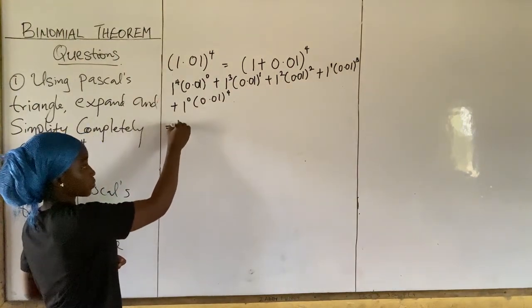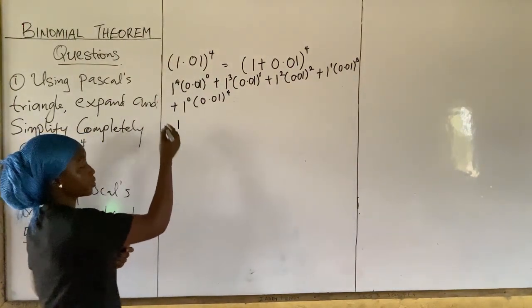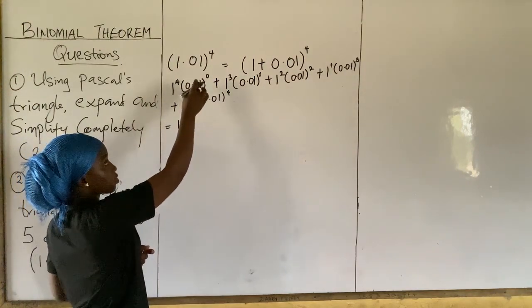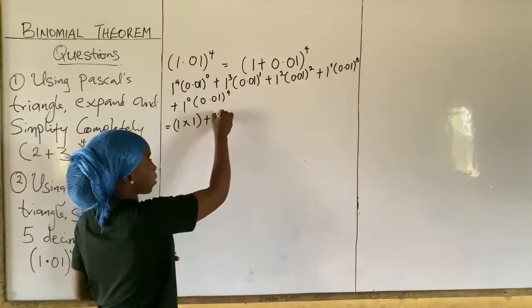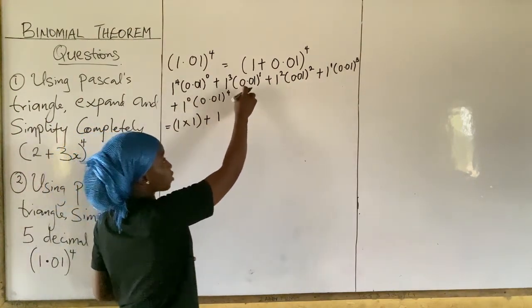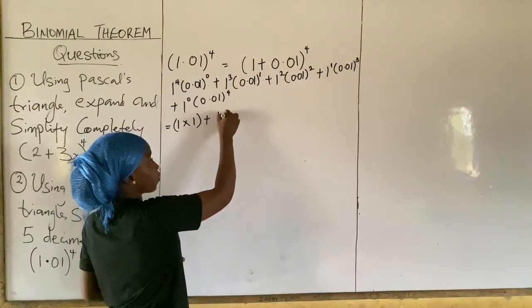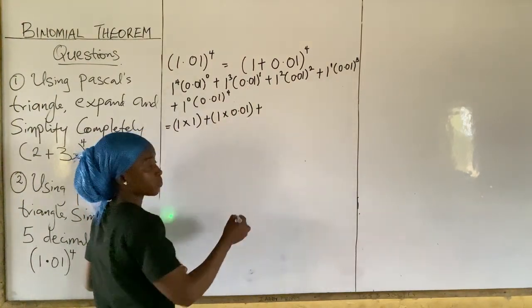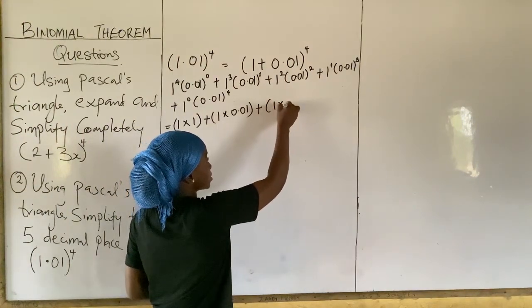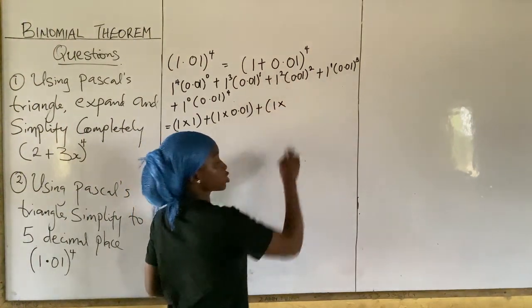1 raised to the power 4, that's 1. Remember, any number raised to the power 0, that's 1. So 0.01 raised to the power 0 is 1. So this is it. Now plus, 1 raised to the power 3, that's 1, times 0.01. Now plus, 1 raised to the power 2, that's 1, times, now 0.01 raised to the power 2.